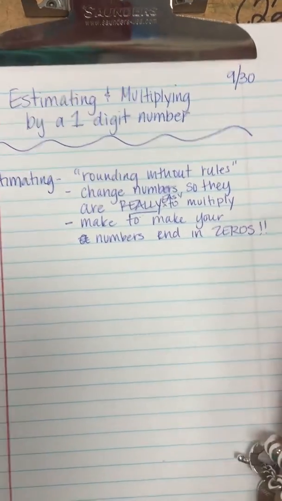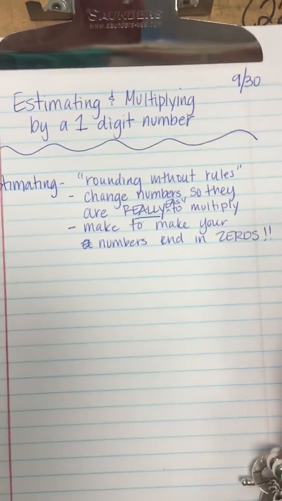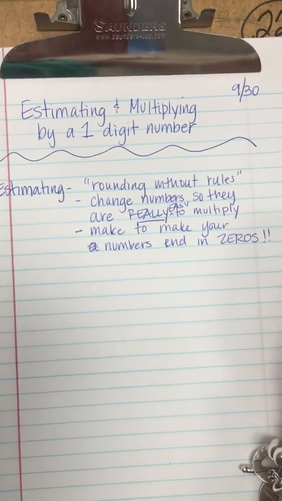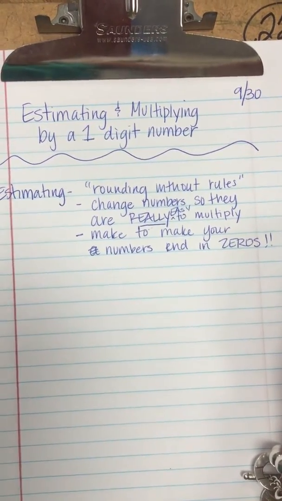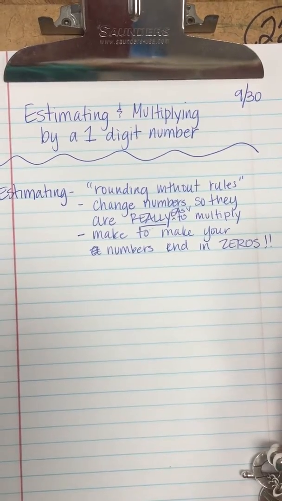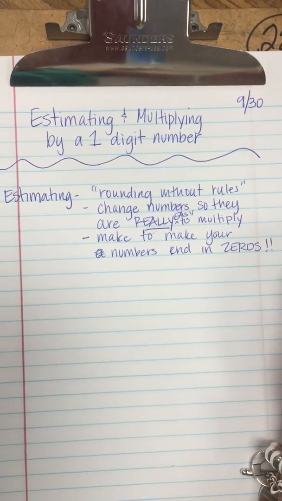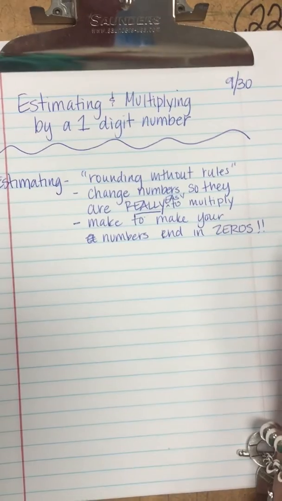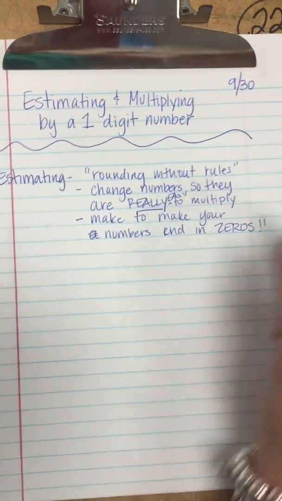Why? We all know that multiplying everything by 10 is so easy. 10 times 8 is 80. 100 times 8 is 800. So easy. All you're having to do is take off the zeros and add them at the end.